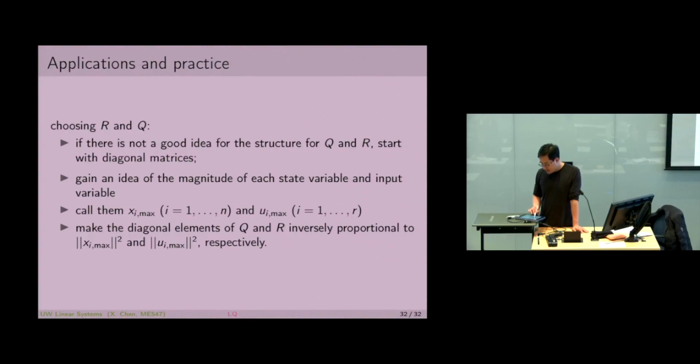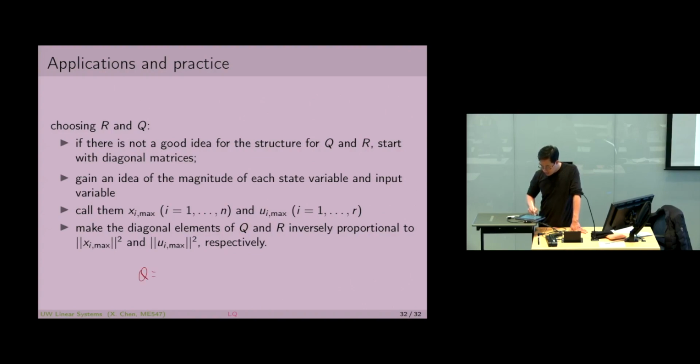And if you have a good idea of the magnitude of the states, for example, the unit for the position and velocity, you have some idea how far the system will travel. Then you can design Q and R utilizing these boundaries of the states and inputs. More specifically, if you know the maximum of the states, then you make the diagonal elements inversely proportional.